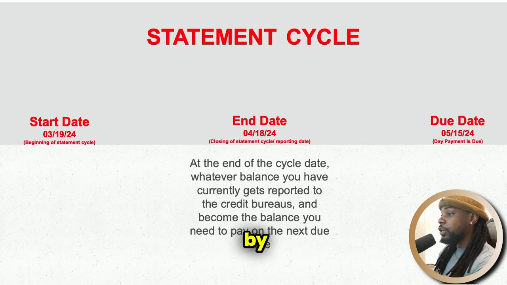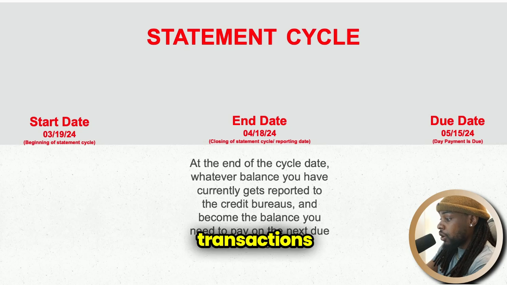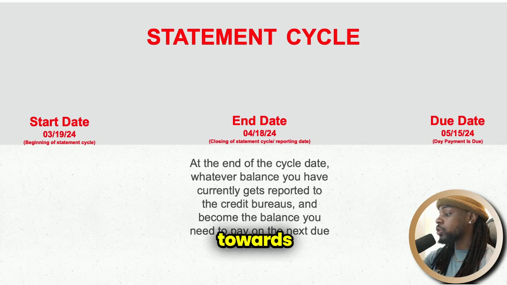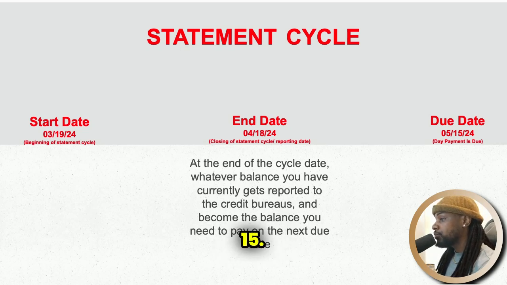So technically, by you making a payment, even if you have new transactions, those transactions aren't due until June the 15th. So when you spend $300 and you pay $300, that first $200 goes towards what was going to be due on May 15th. You'll never get interest.